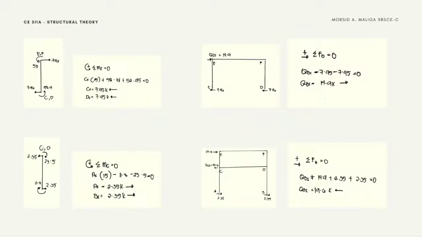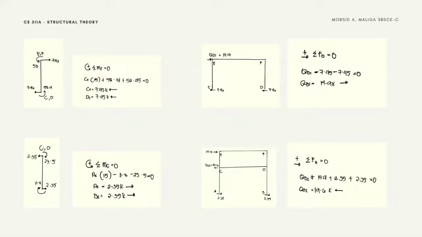So if you're going to use it, AX times 15 minus 11.8 minus 23.5 is equal to 0. If you're going to transpose it, divide both sides by 15. AX would be equal to 2.35 kips to the right, and BX is also 2.35 kips to the left.